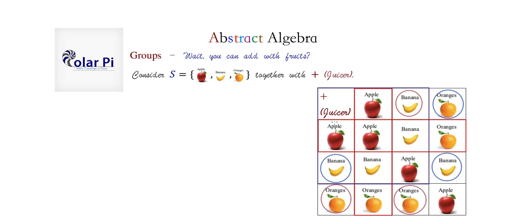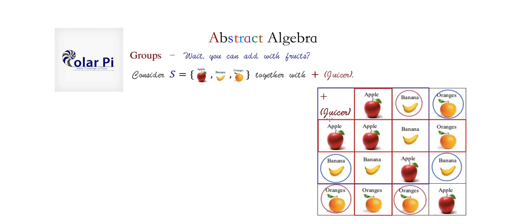What are the requirements to make a group? For us to say that we have a well-defined group, well, we need a neutral element, something that acts like 0 does with respect to the usual addition.